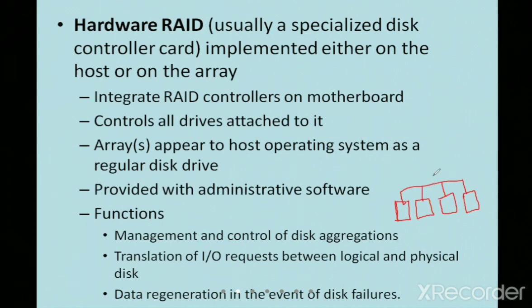When I'm transferring data from only a single system, how is it going to be supported? In the system, the RAID controller, which is hardware, is installed, and the data will be transferred to all of these disks. It is going to manage them.